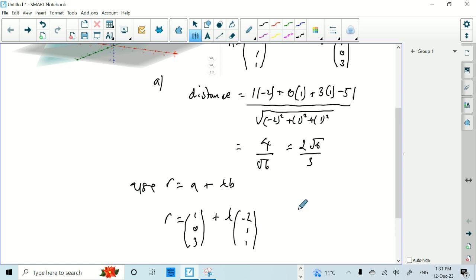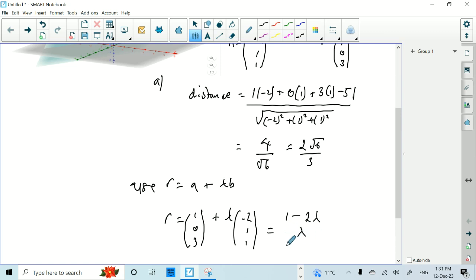And of course, I'm going to now deal with that. So that will give me 1 minus 2 lambda. So 1 plus minus 2 times lambda gives me 1 minus 2 lambda. And 0 plus lambda times 1, that will just give me lambda.